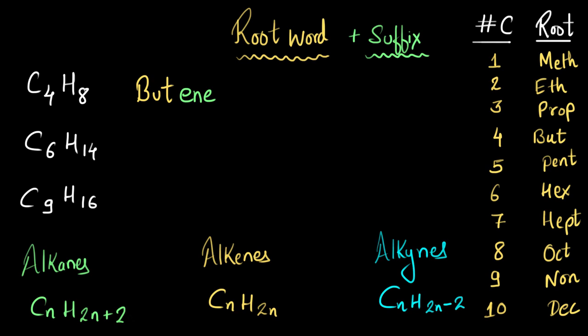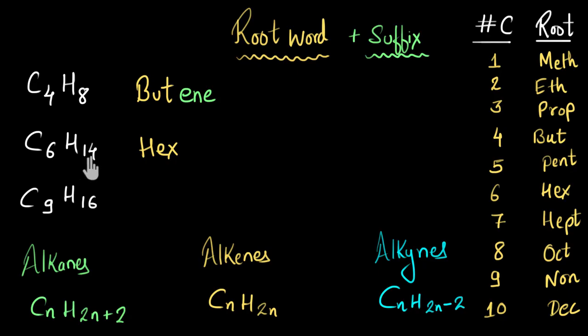Now if you have tried it, let's see. This compound has 6 carbon atoms, so for 6, the root word used is hex. That'll be the root word. Now let's talk about the suffix, whether this belongs to the alkane, alkene, or alkyne family. How I like to remember is I quickly calculate whether the hydrogen number is twice that of carbon. If it is, then it will be alkene.